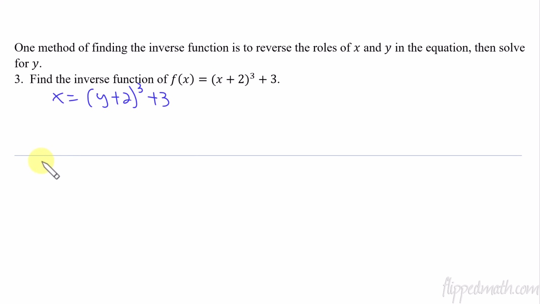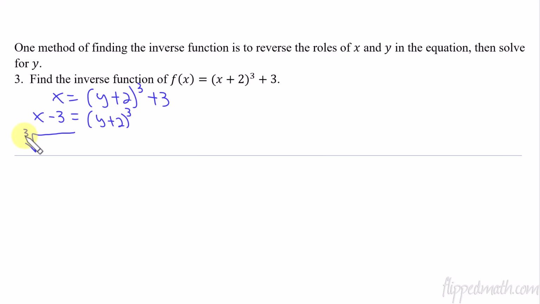So I'll subtract 3. Oh, this line right here, by the way, is to help me know not to go past it because I didn't give you a ton of room. So I'm trying to be nice to you and make sure that I do my work within the space I gave you. So subtract 3 from both sides. (y plus 2) quantity cubed. Take the cube root of both sides to get rid of that exponent of 3.